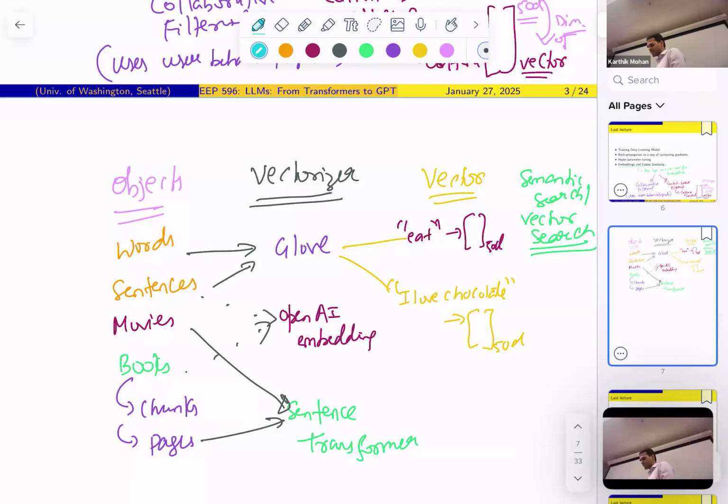So you would store these vectors in a vector DB. You might have heard of video DB, this DB, that DB. It's a way to store specific objects in a format that's suitable for them, and a vector DB is a more generalized version of that. So you'd store vectors in a vector DB, and at the time when you need to query, you'll again access the vector DB, right?